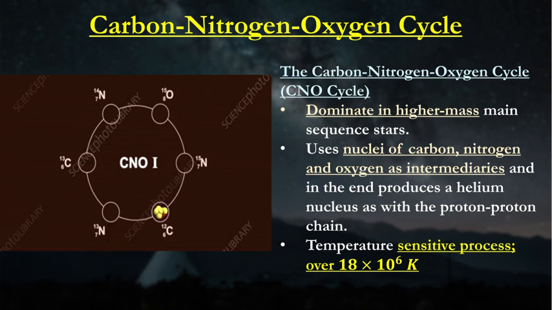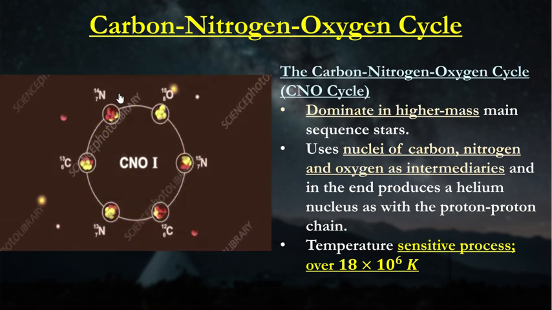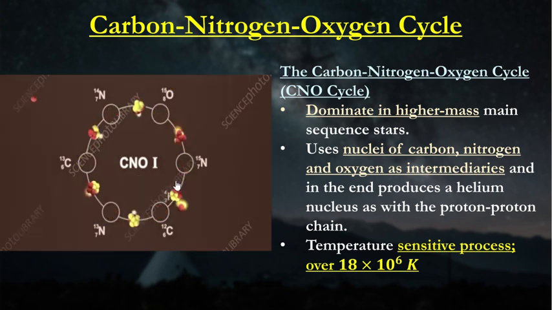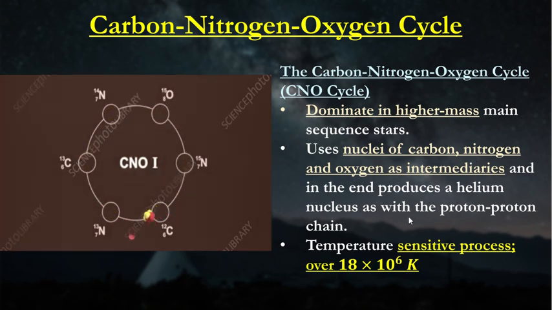At the CNO cycle, you can see all the different nuclei. One of the things with this, besides the fact that it dominates in big main sequence stars, is that the carbon, nitrogen, and oxygen you see in this video are just acting as catalysts.